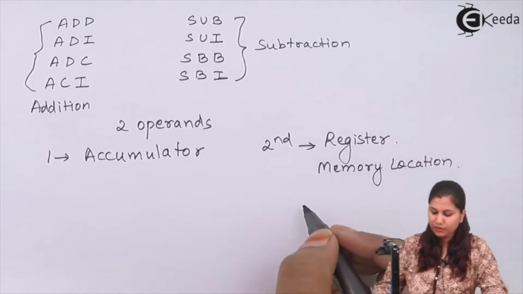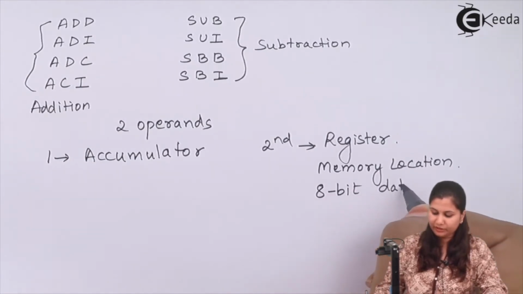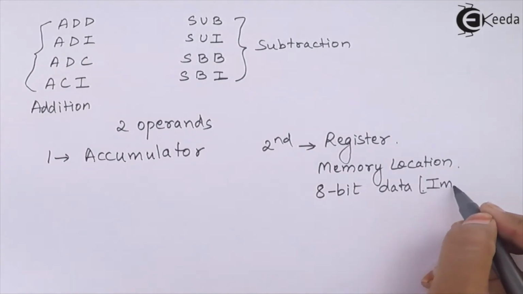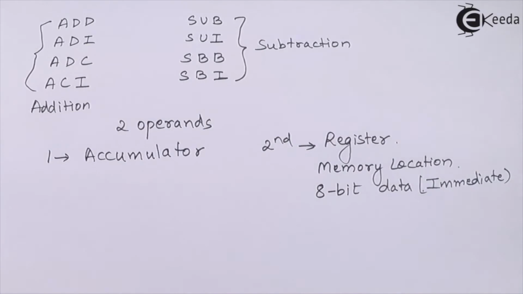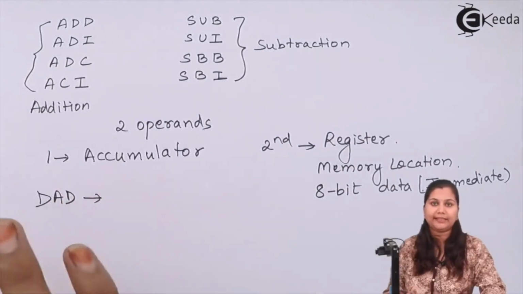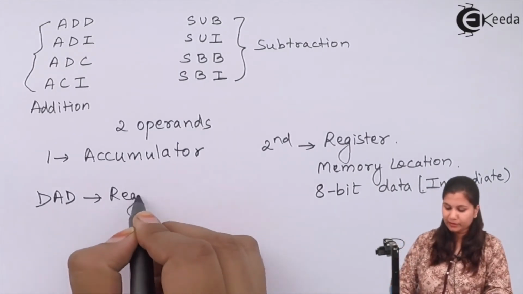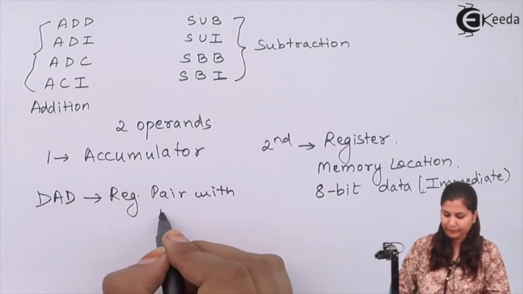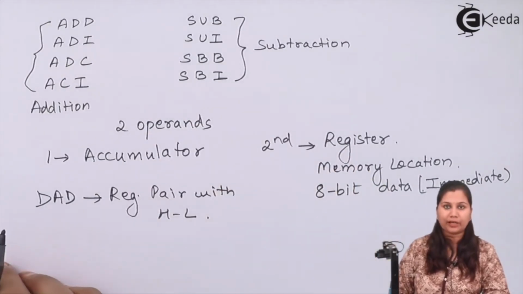And also we can have an 8-bit data directly given in the instruction itself, that is immediate data. And one instruction was our exception, that is the DAD instruction, which is adding a register pair with the HL register pair. So these were for the addition and subtraction.